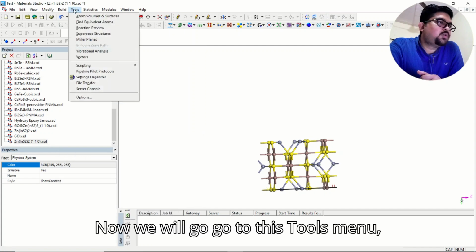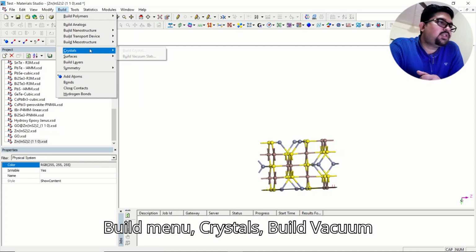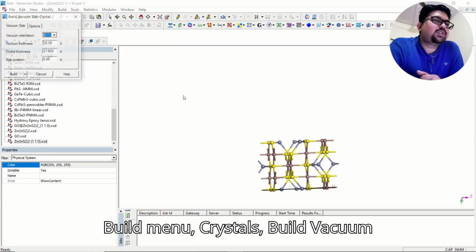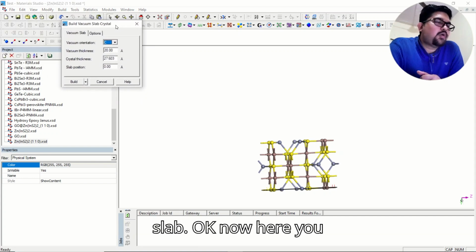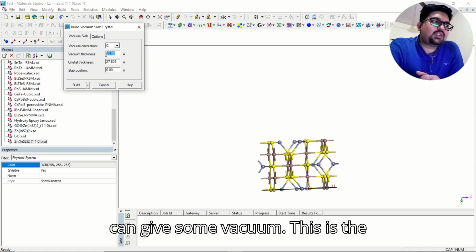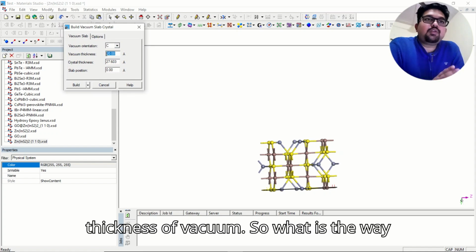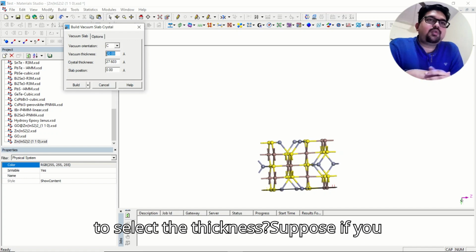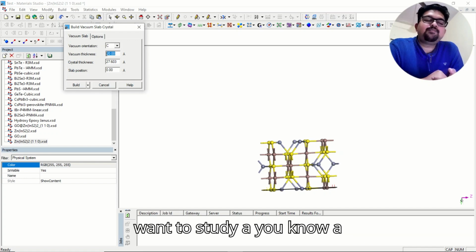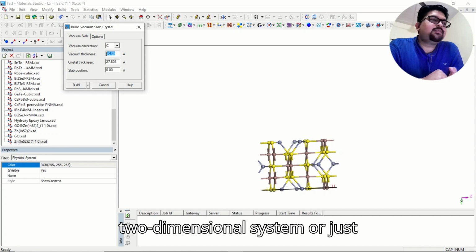So what we'll do is go to the tools menu, build menu, crystals, build vacuum slab. Now here you can give some vacuum. This is the thickness of vacuum. So what is the way to select the thickness? Suppose you want to study a 2-dimensional system.